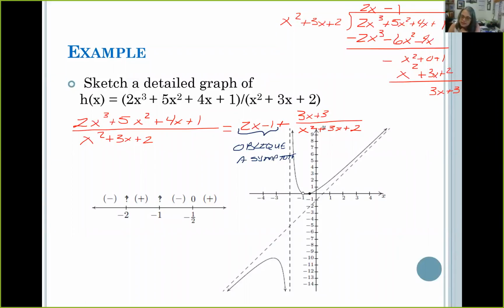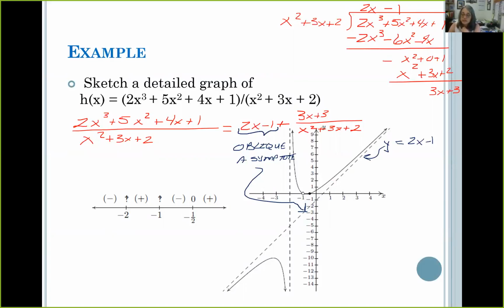If we look at this slanted line right here, it crosses the y-axis at a y-intercept of -1 and has a slope of 2. This slanted line is the line described by y = 2x - 1. That is the oblique asymptote.